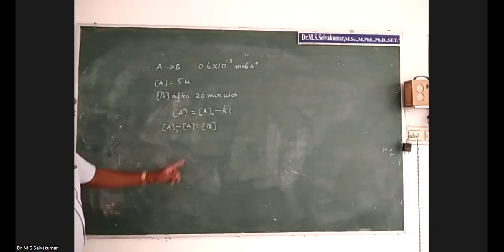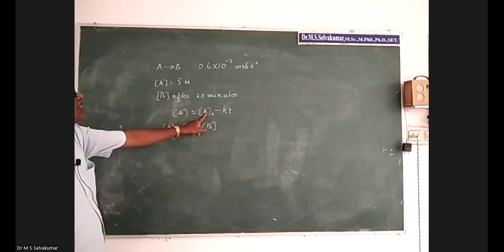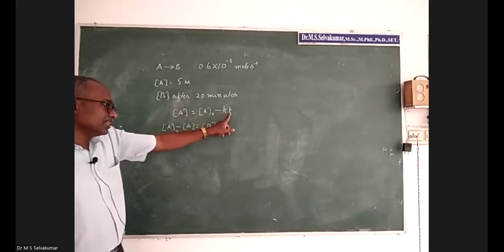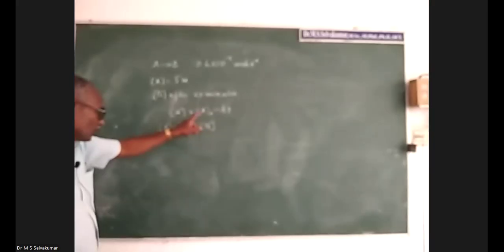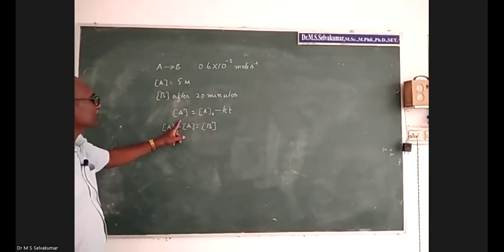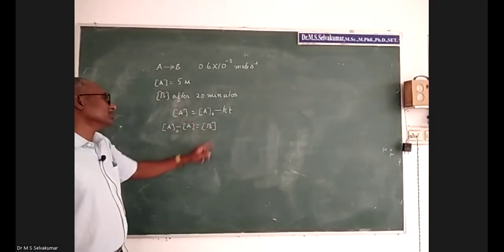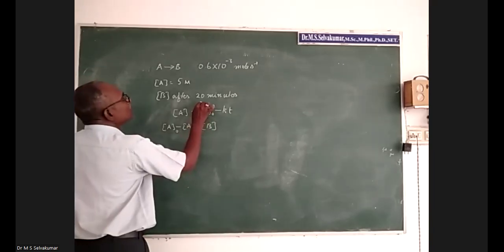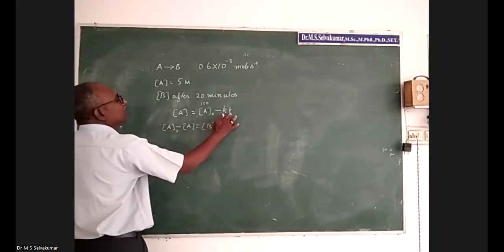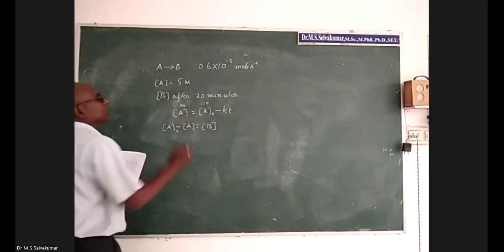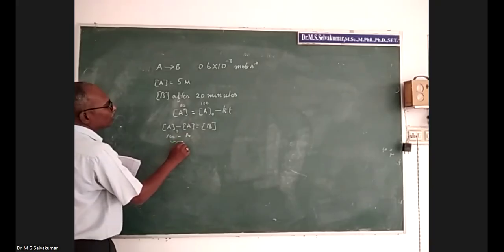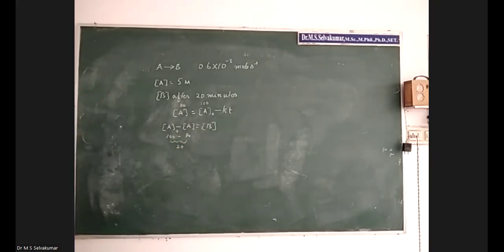You're supposed to understand, A0 is the initial concentration. A is the concentration remaining after time T. So A0 minus A is the quantity of A that is reacted, and that is the quantity of B formed. If you want to understand, suppose initially I take 100 molecules of A, and after time T, 80 molecules are remaining. Then 100 minus 80, 20 molecules were reacted.